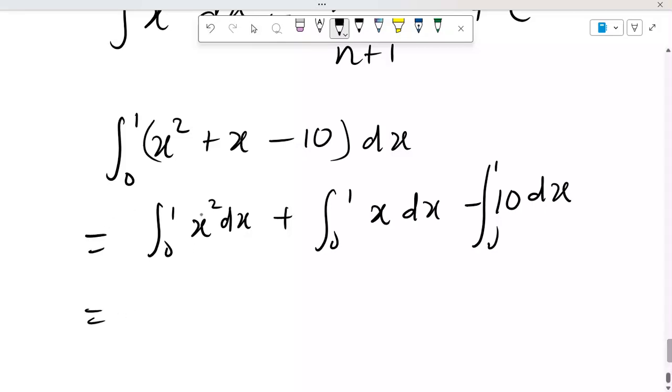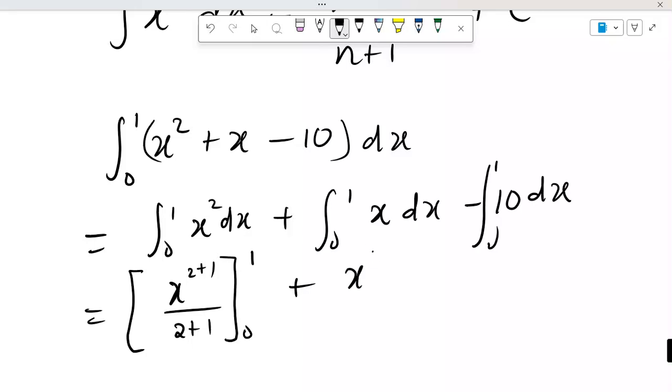Here you're adding the power, so it will be x to the power 2 plus 1 over 2 plus 1, from 0 to 1, plus here you're adding the power, so x to the power 1 plus 1 over 1 plus 1, from 0 to 1.